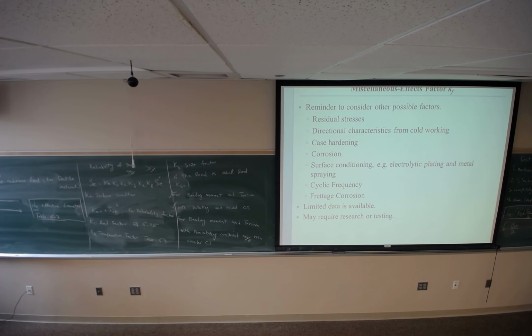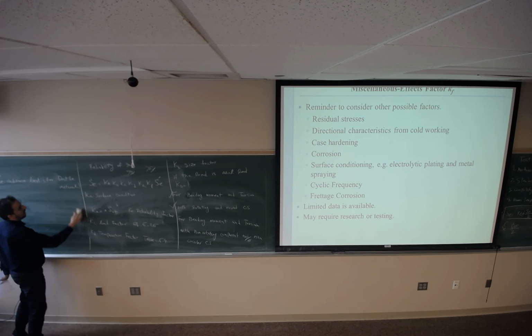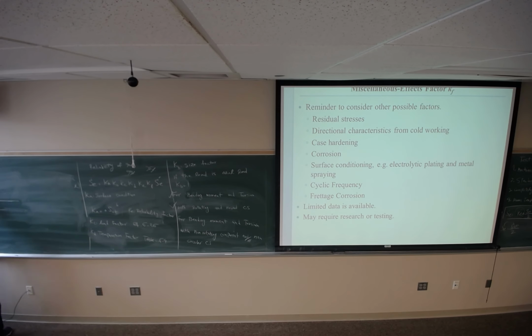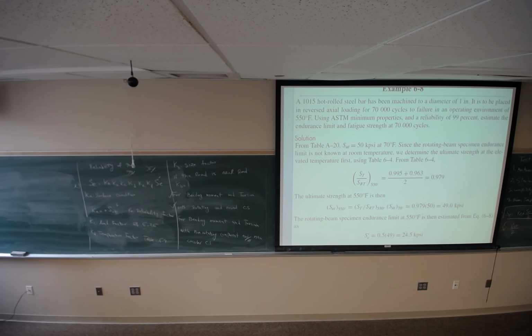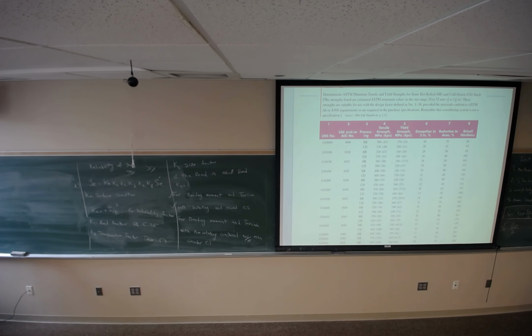So let me work on one example. It's on the slide. Example 6.8. We have a material AISI 1015. It's hot rolled.